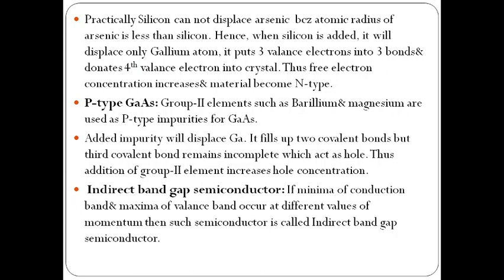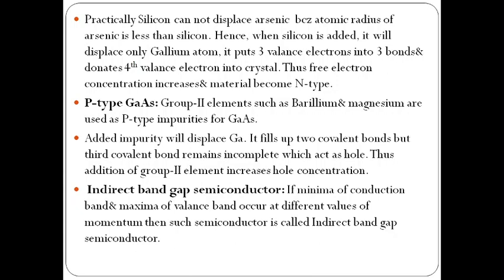How can we create the p-type material? To create the p-type material, we use group 2 elements such as beryllium and magnesium as p-type impurities for the gallium arsenide. These beryllium impurities will displace the gallium.